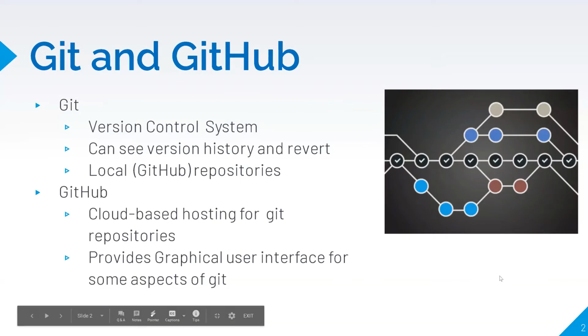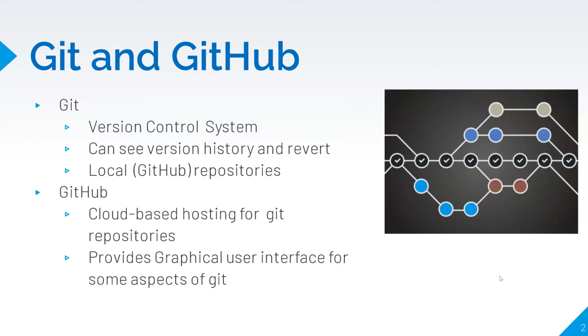So first off, I just wanted to explain Git and GitHub. Git is a version control system, and this means that it will just track the changes that you make to the code. So this makes it easy to look back at the history and see what the code looked like at each part of your project, and also revert if necessary.